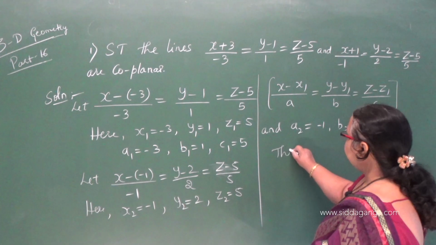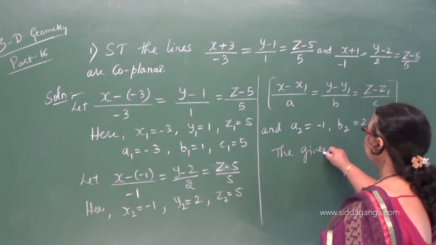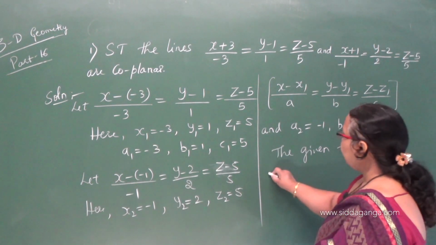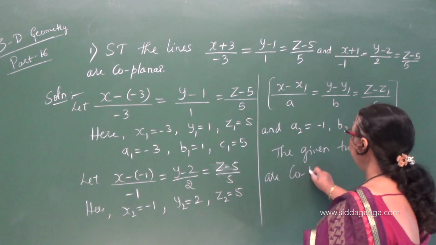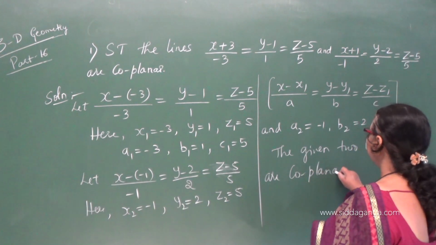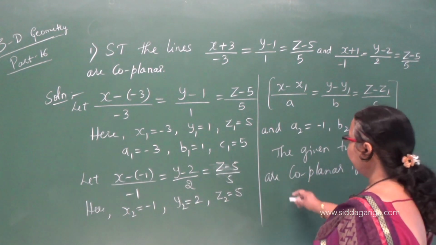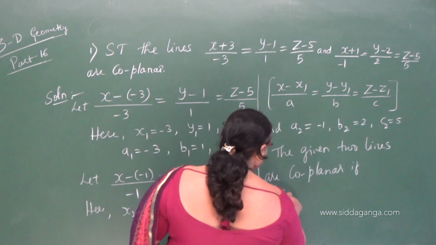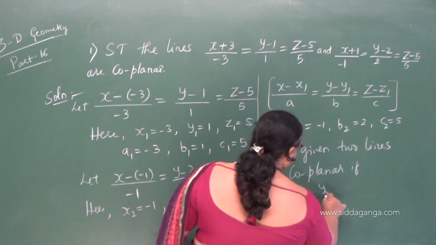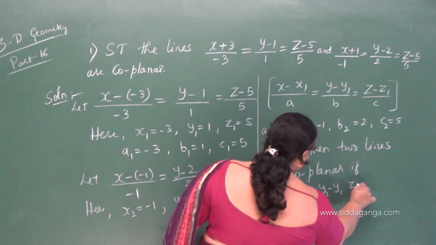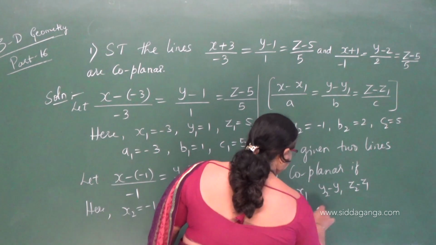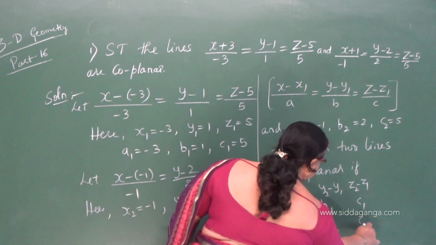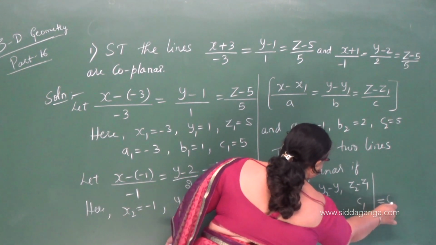The given two lines are coplanar if the determinant x2 minus x1, y2 minus y1, z2 minus z1, a1 b1 c1, a2 b2 c2 is equal to 0.